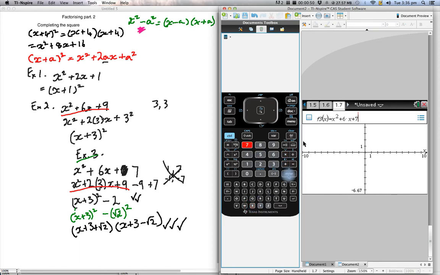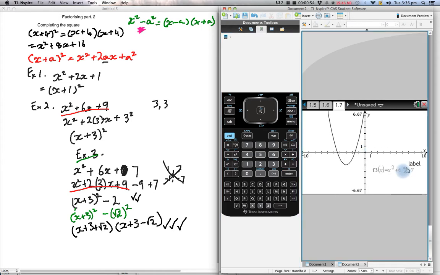Alright, let's graph that. Alright, there we go. So, unsurprisingly, it is a quadratic graph. And it's got two intercepts, one here, one here. You notice that it's symmetrical, and it's got a turning point, and it's going in that direction, kind of like a smiley face, I guess.